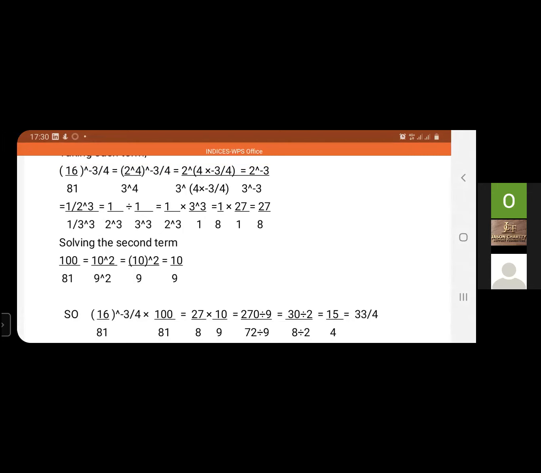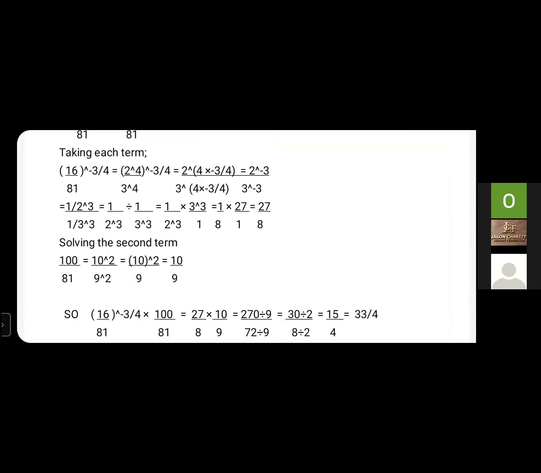Okay. So this gives us, when we expand the bracket, separating the numerator and the denominator of the whole term, because the power of minus 3 over 4 belongs to 16 and 81, not just 16.